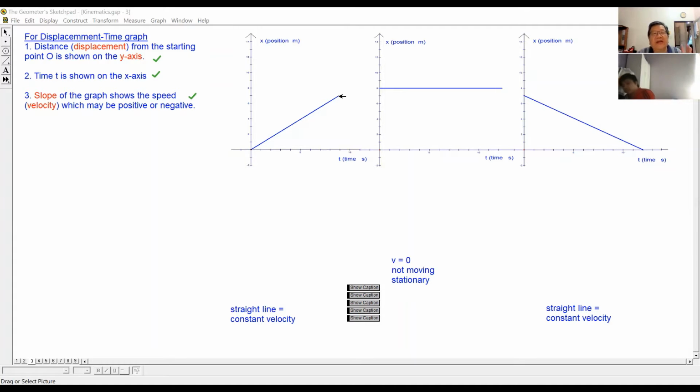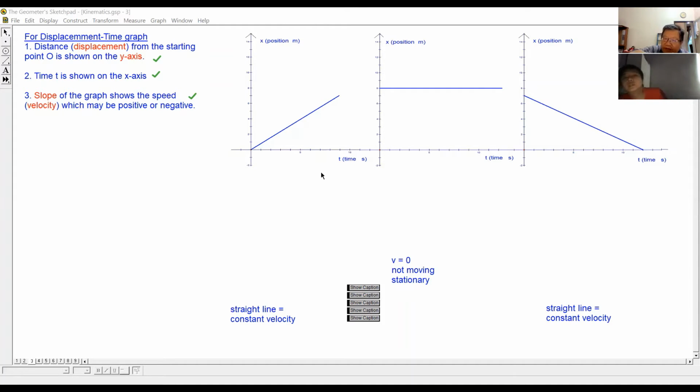The displacement is 7 meters. So if you look along this line, as the time increases, the position also increases. This is how you are going to interpret the graph.